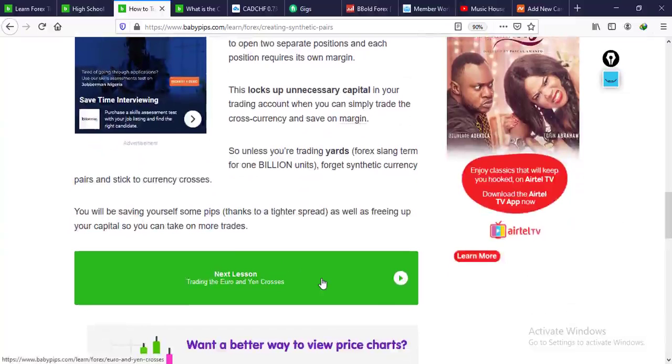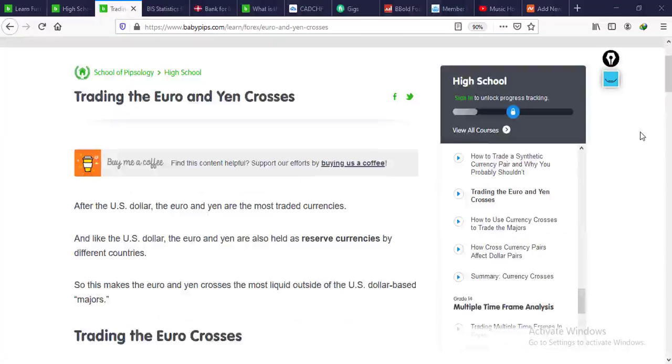The next lesson is trading the euro and yen crosses. In this section, we are learning that after the US dollar, the euro and the yen are the most traded currencies. Did you get that? After the US dollar, the euro and the yen are the most traded currencies.